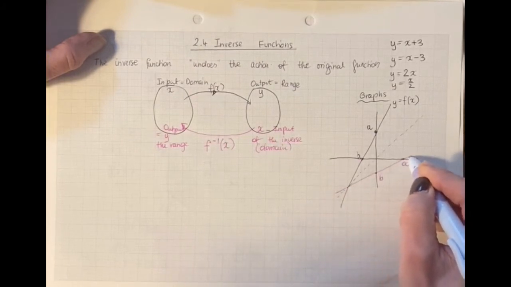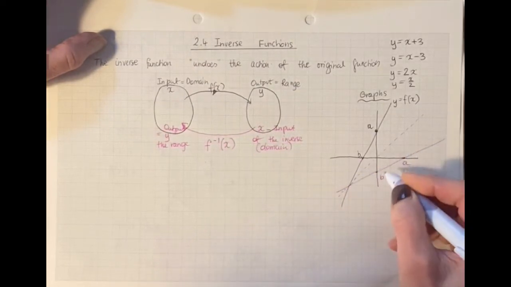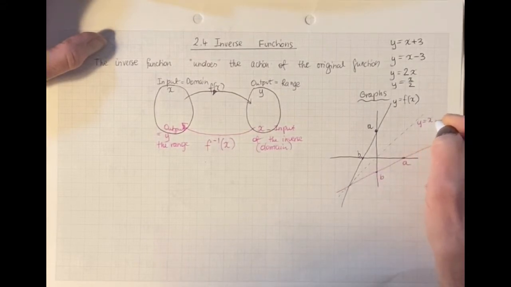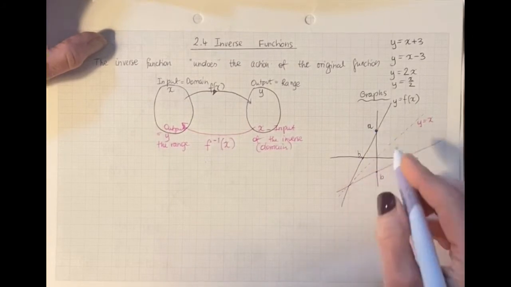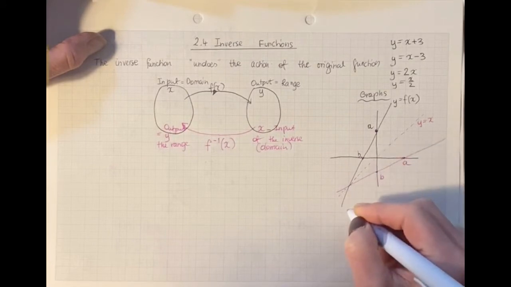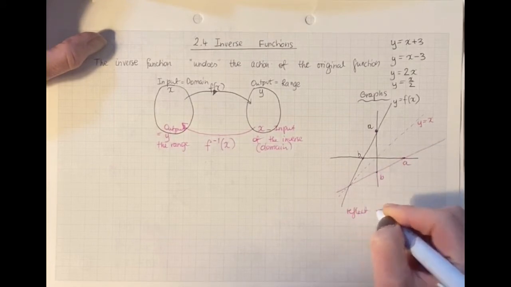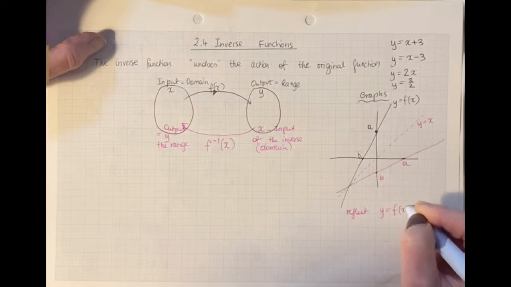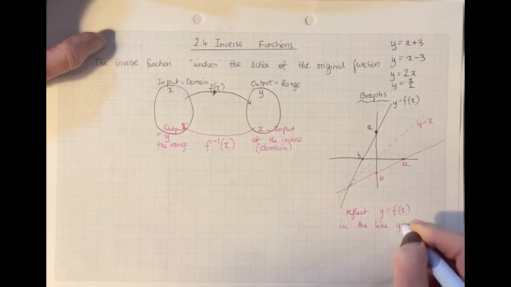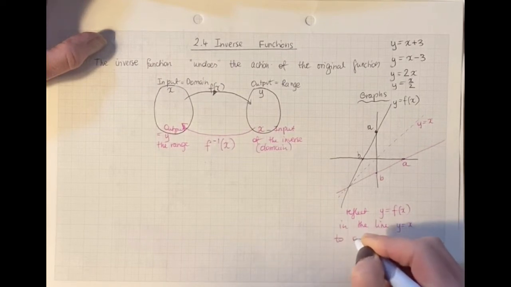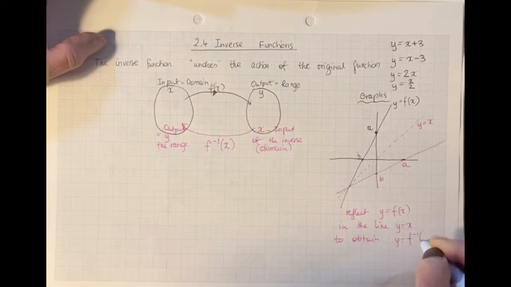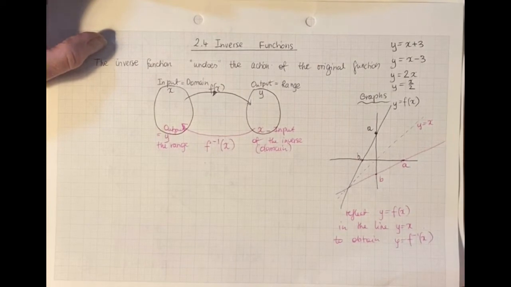So you are going to get the reflection in the line y equals x. So all the x's and y's are switched with each other, so graphically you're going to reflect y equals f of x in the line y equals x to obtain y equals f minus 1 of x, so the inverse of f.